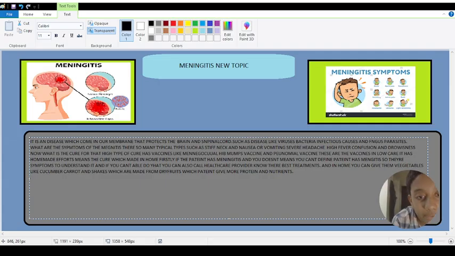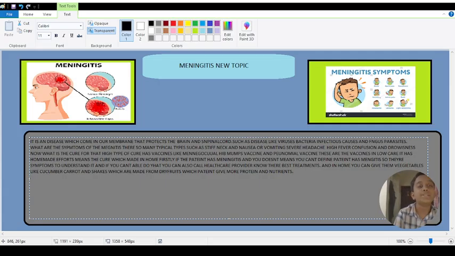There are two types of care, high care and low care. In high care, it has the vaccines such as meningococcal, Hib, mumps, and pneumococcal vaccine. These are the vaccines in high care for the fast cure. In low care, we understand the symptoms of it.